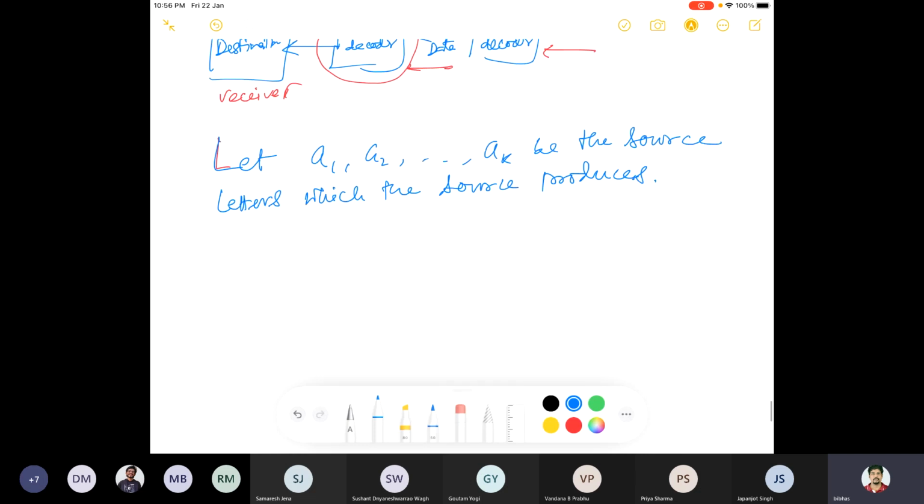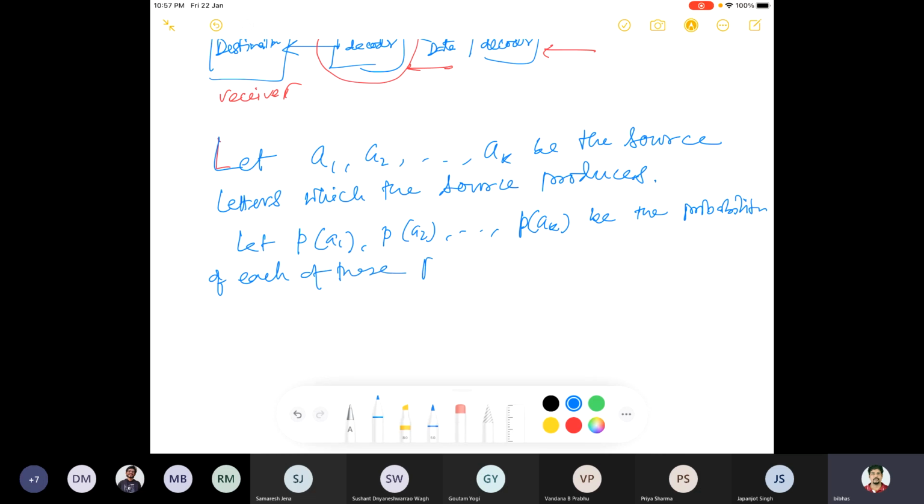So let P of A1, P of A2, up to P of AK be the probabilities of each of these possible outcomes.